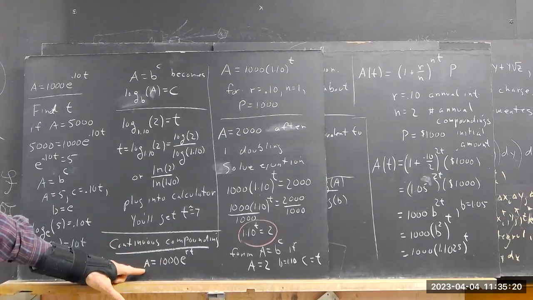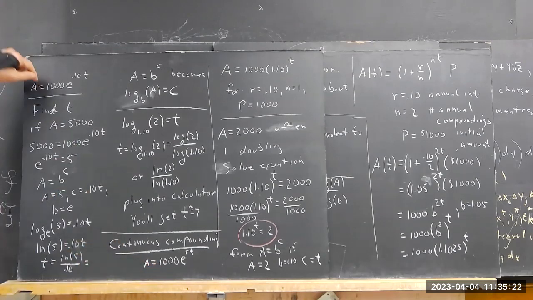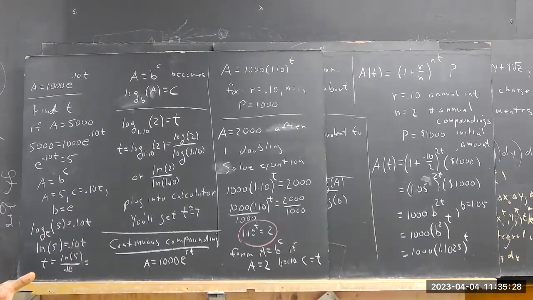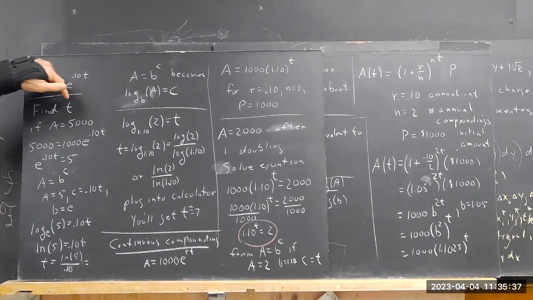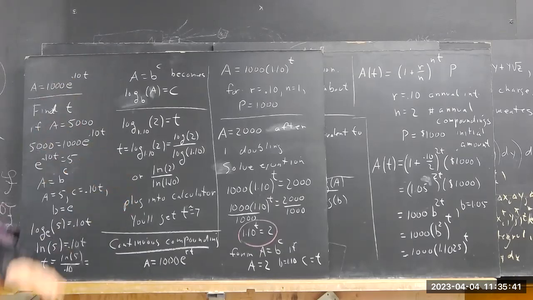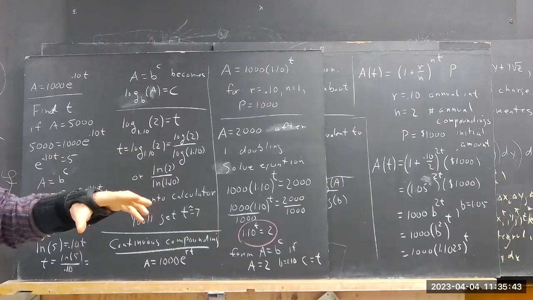Okay, anyhow. We have A equals 1,000 e to the 0.10 t for this function if the interest is compounded continually. We want to find t when the amount is 5,000, which means we want to find how long it's going to take before we've got $5,000.